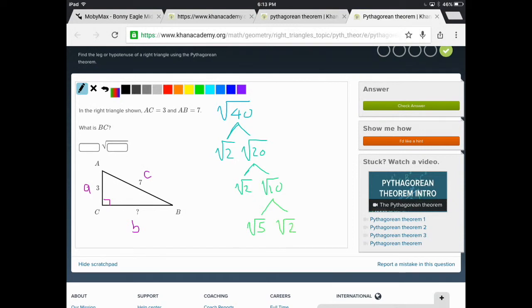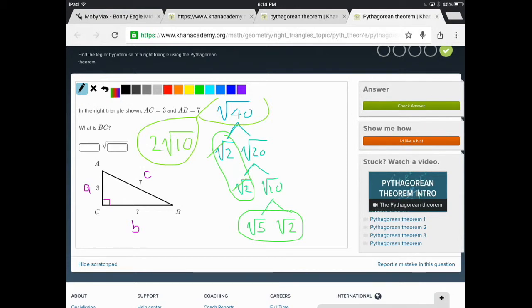Now, this last piece here, the square root of 5 times the square root of 2, is kind of useless to us. But these two square roots are very useful to us, because when you multiply these together, it cancels out the square roots. So we end up with just 2 on the outside and the square root of 10 on the inside. And either of these two answers is acceptable to Khan Academy.